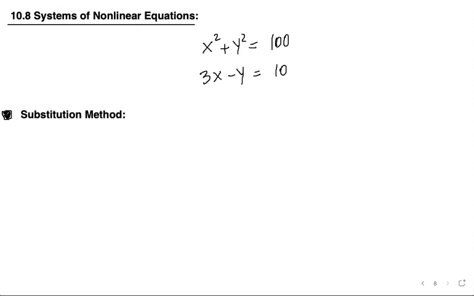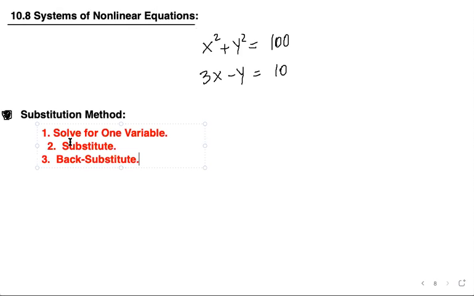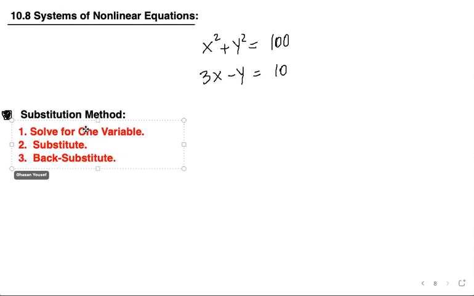First, we have to solve in terms of y. The steps are: solve for one variable, substitute, and back-substitute. Let's solve this system by using the substitution method. This is my equation number 1, and this is my equation number 2.